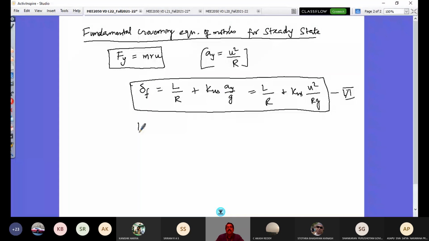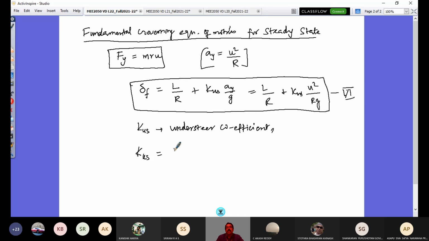Here you define this KUS as the understeer coefficient or understeer gradient. So what does this understeer gradient primarily depend on?